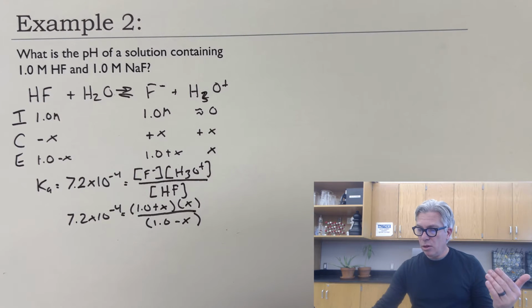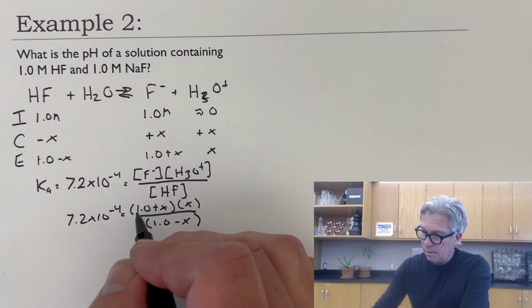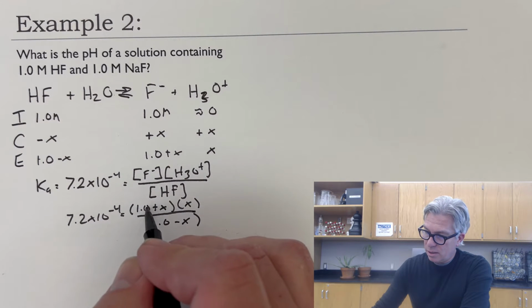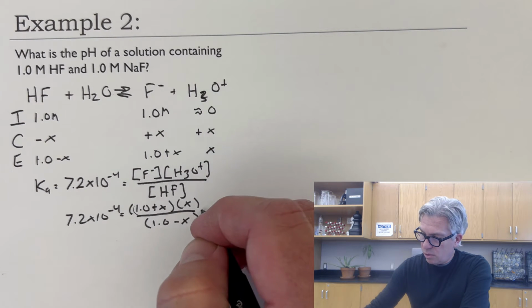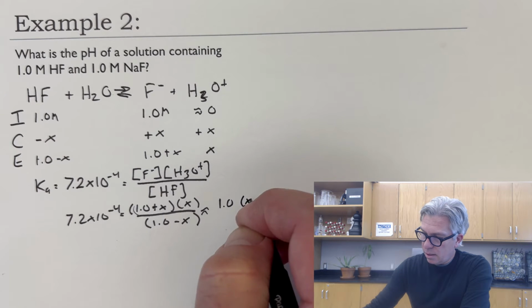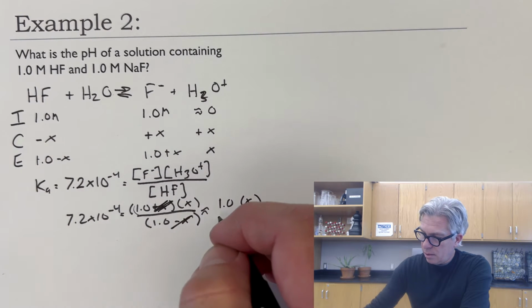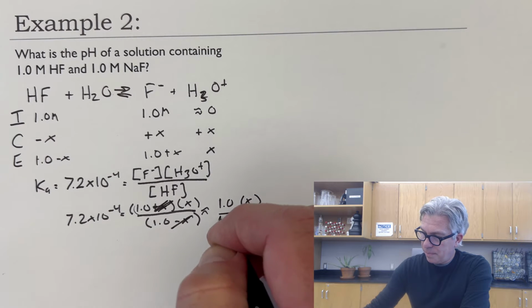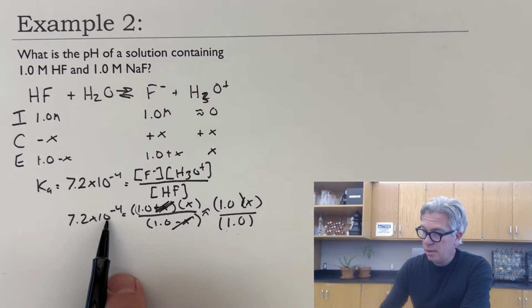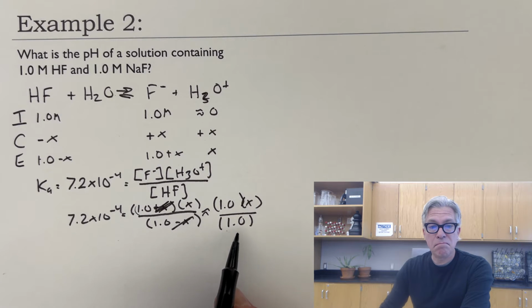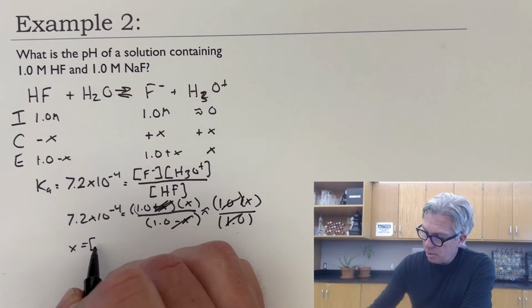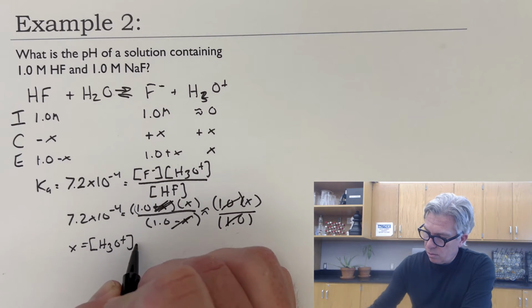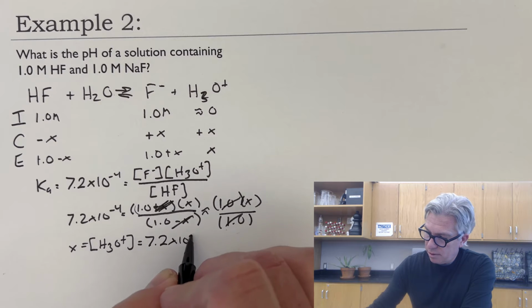So what I'm going to do is make an assumption that we've made before. There are 4 factors of 10 difference between the starting value here and the K value, so I'm just going to go ahead and erase or ignore these x values. So let's get rid of them, which simplifies things a lot, because now we have 7.2 times 10 to the minus fourth equals 1 times x over 1. That's easy math. That cancels also. So x is equal to the H3O+ concentration, which is equal to 7.2 times 10 to the minus fourth.